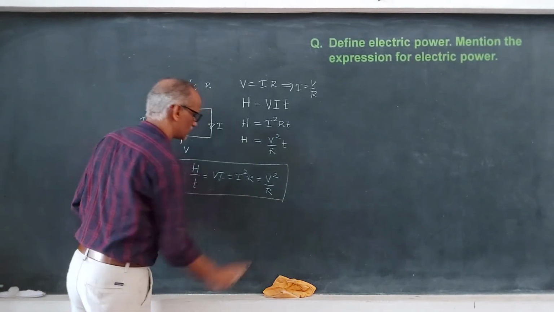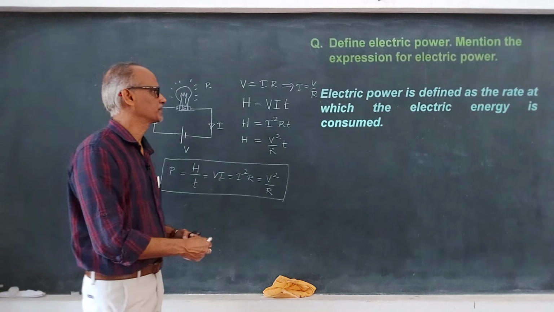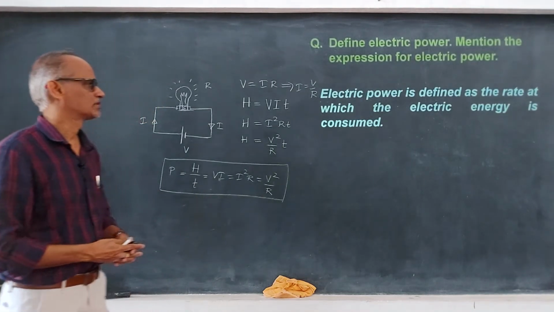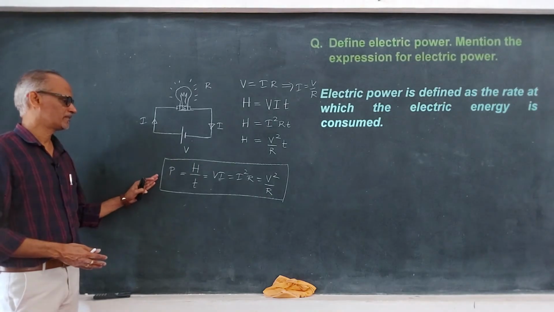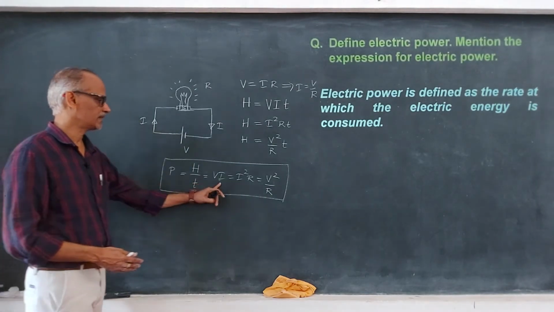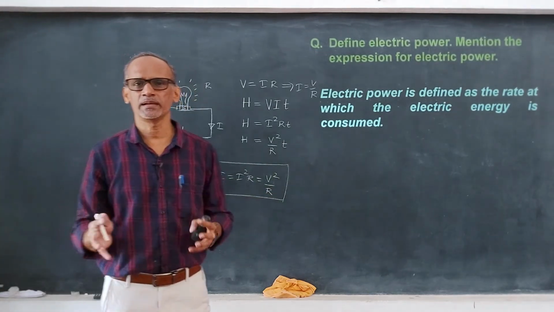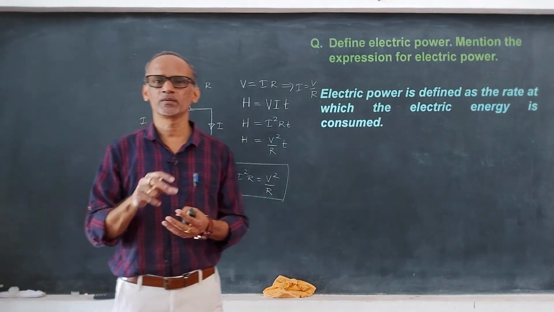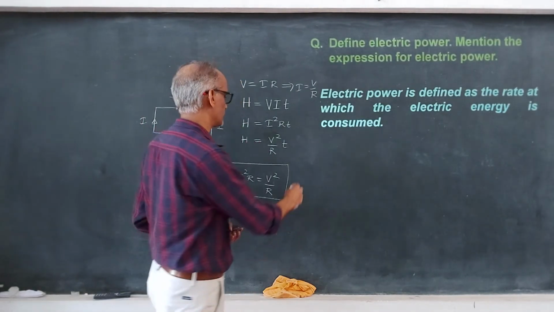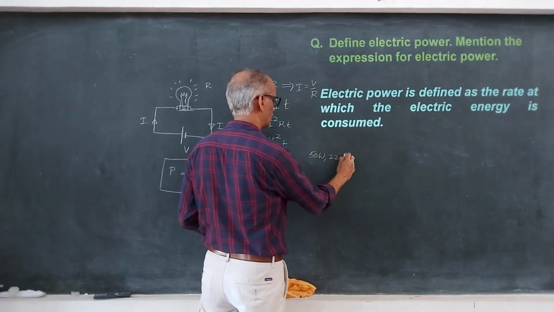So, the rate at which electric energy is consumed is called electric power. Electric power is defined as the rate at which electric energy is consumed, and these are the three different formulas for electric power: P is equal to VI, I squared R, V squared by R. In every electric device, they print what we call the rating of the device, something like 50 watt, 220 volt.